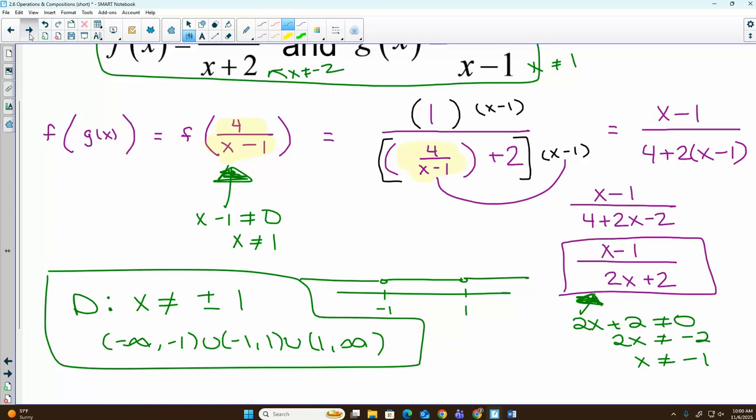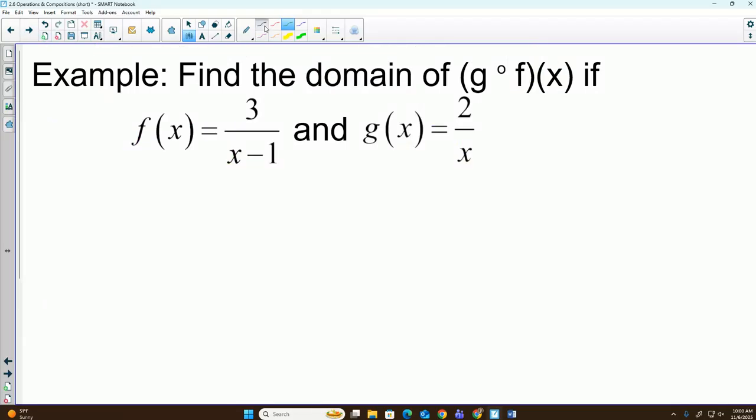Let's try another one. I ask for the domain of this composition. What would I do first?